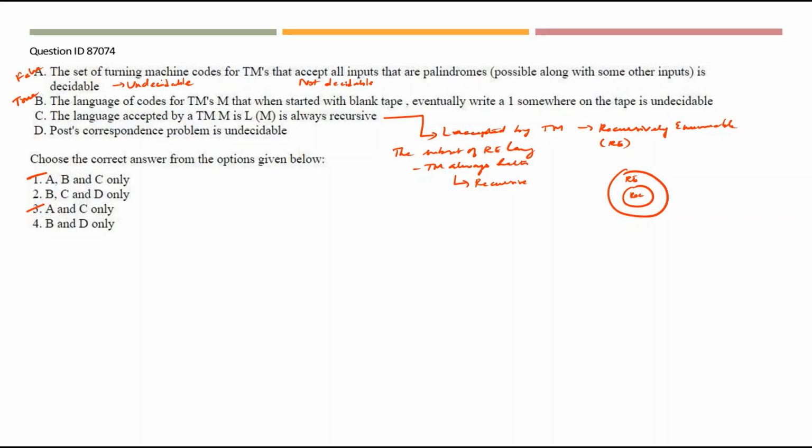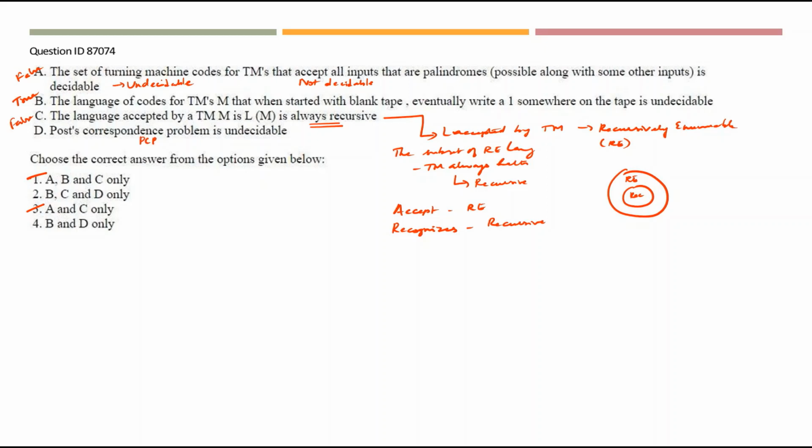But when it has to be accepted by a TM, then it has to be recursively enumerable. When it recognizes the language and the Turing machine halts, then it is recursive. So the statement that the language accepted by the Turing machine is always recursive is false.